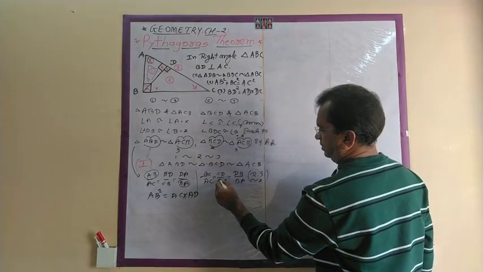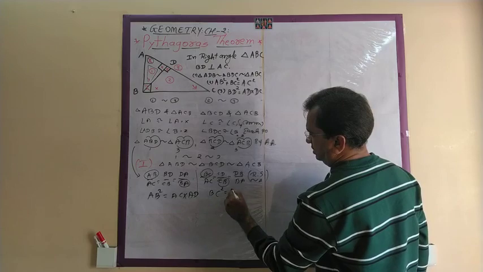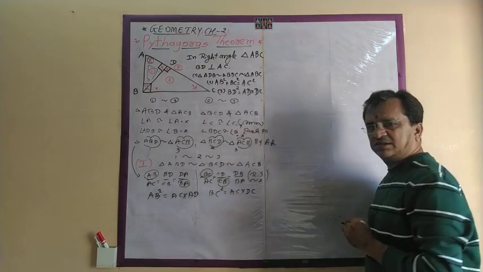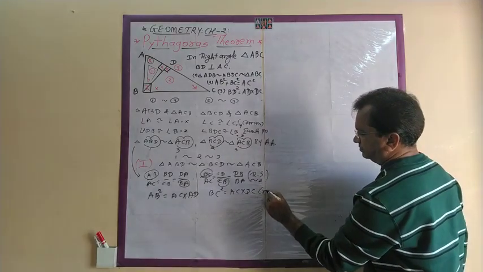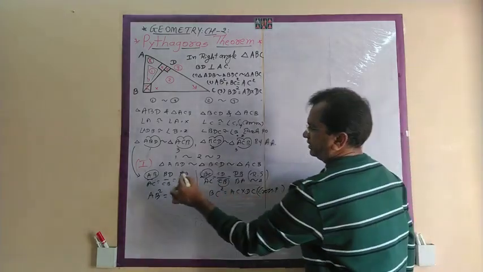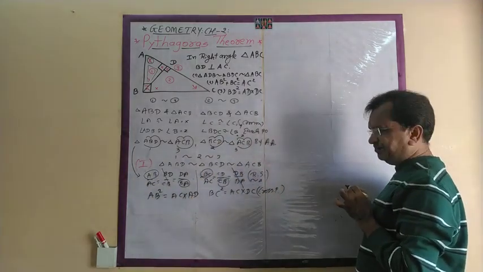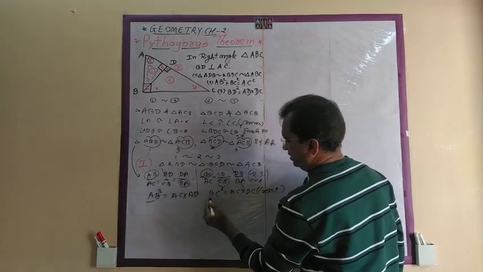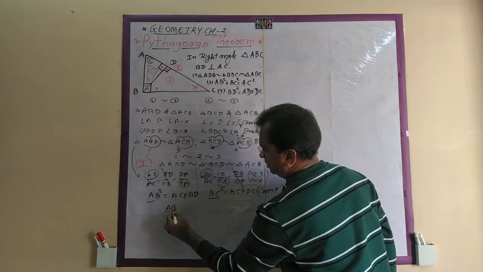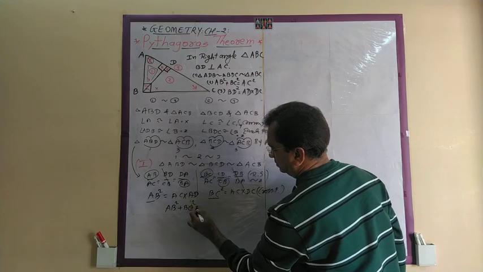Now here BC. So BC square is equal to AC into DC by cross product. Cancel this ratio, we don't want this ratio, but you have to write 3. Now left side, right side, make the total. Left side total AB square plus BC square.